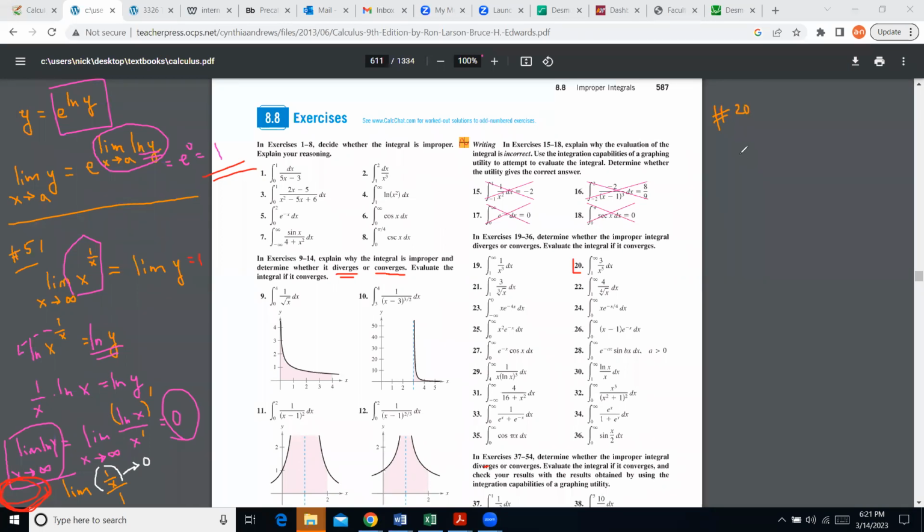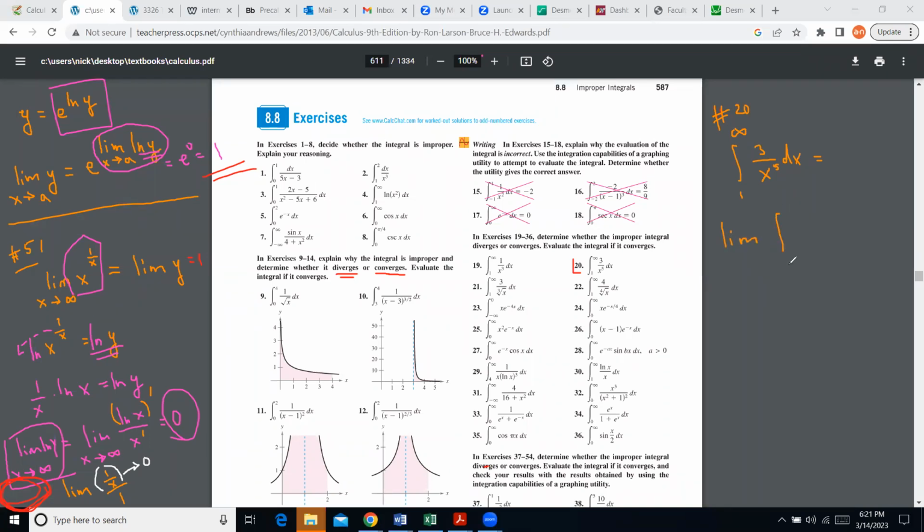When you're trying to find the integral from 1 to infinity of a function like 3 over x to the power of 5, dx, what you're going to do is take the limit instead.